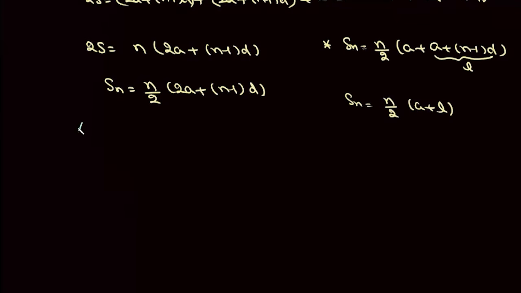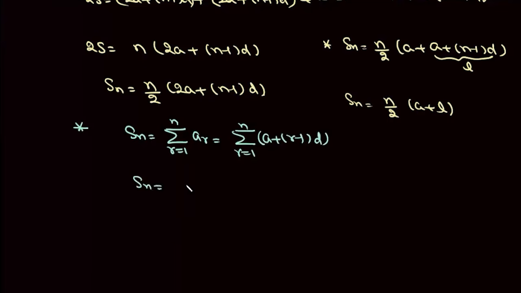We can do this exact same thing in summation form. We know that S_n is the summation of a_r, r varying from 1 to n, and this a_r is nothing but the rth term of an AP, which is a plus (r minus 1)d. We can write this summation in reverse, r varying from 1 to n, and this is a plus, now in place of r, we write n minus r plus 1. So there'll be (n minus r plus 1 minus 1)d. This 1 and 1 will cancel. If we add them both, we'll get 2S_n.